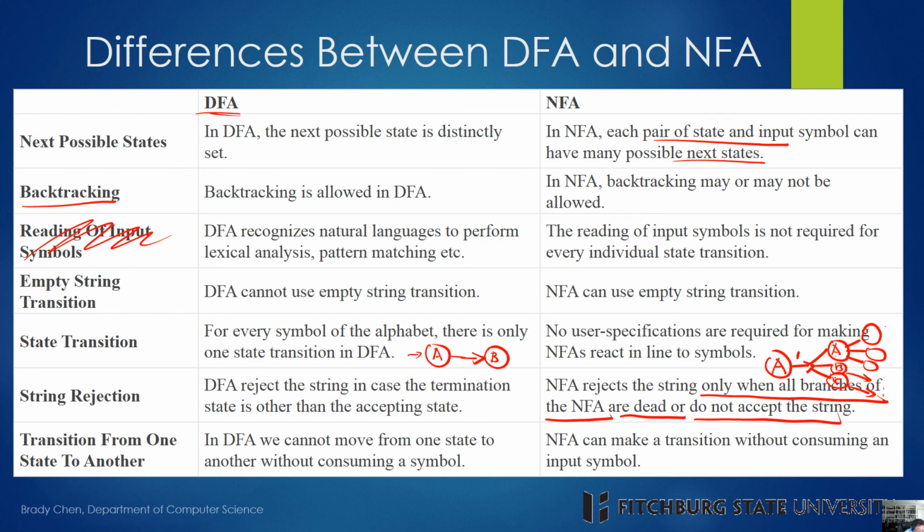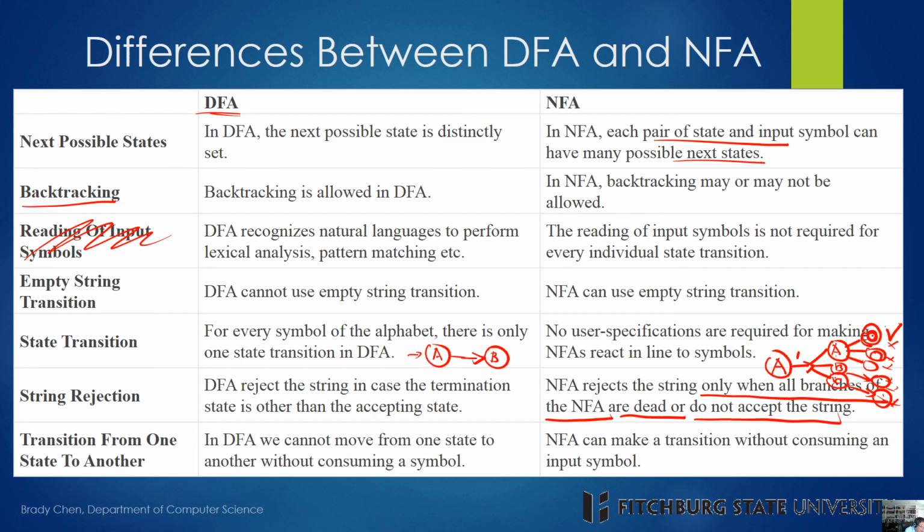As long as one of the final states is an accepting state, the NFA is going to accept the string. If none of the final states are accepting states, then we reject the string.